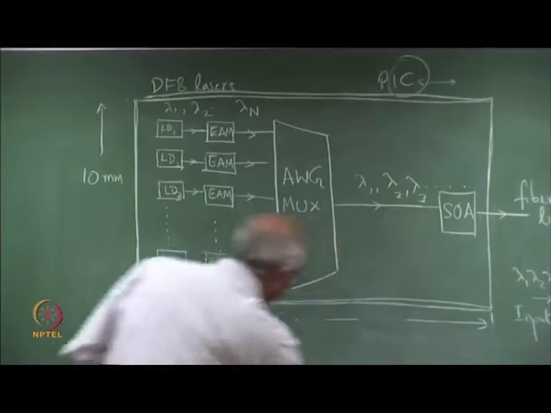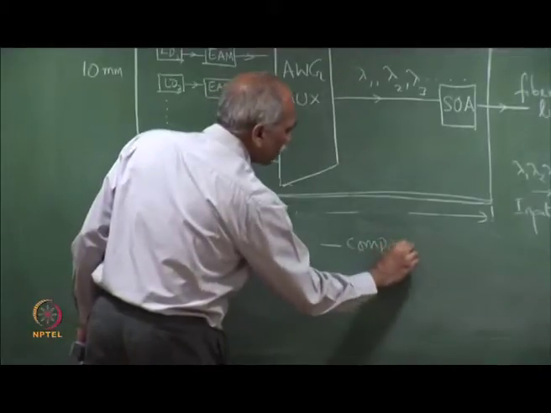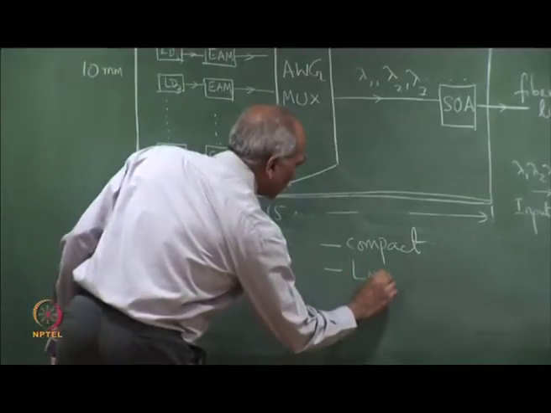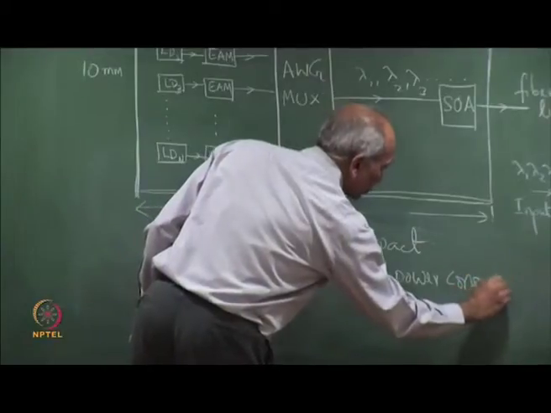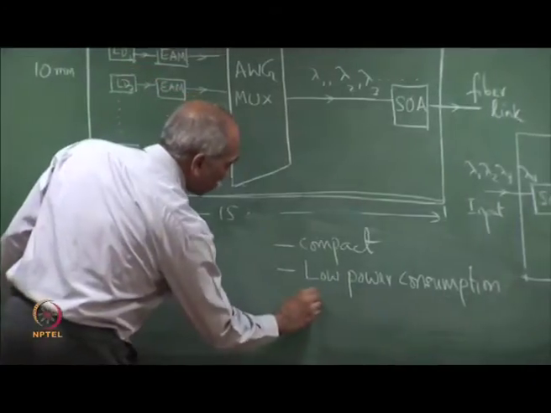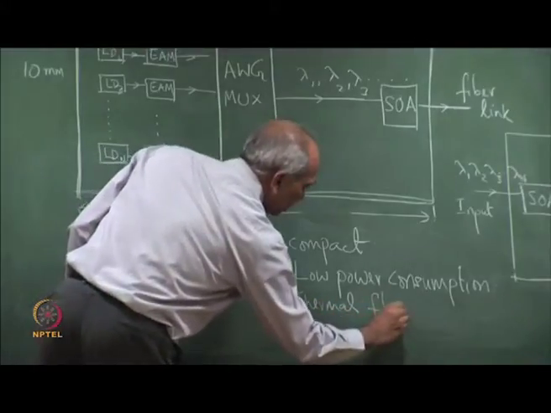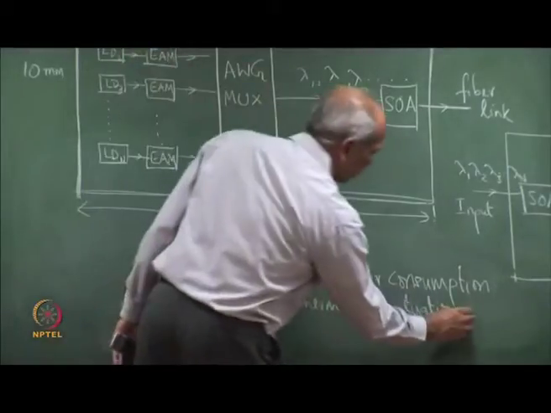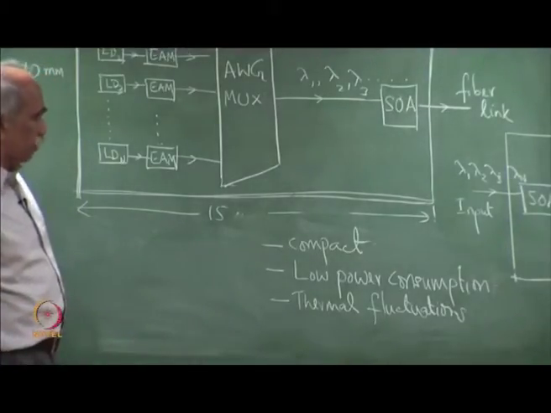are very well known. The first one is of course compactness; it makes a compact device. Most important, very low power consumption, and much less sensitivity to thermal fluctuations, because unlike discrete components, the entire chip is maintained at a particular temperature.